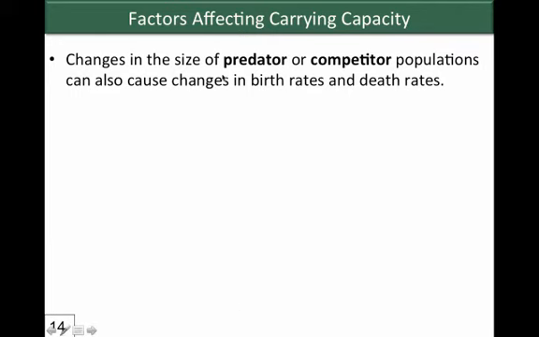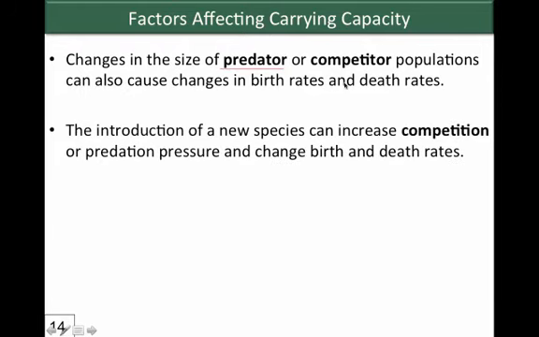Having more predators in an area is going to change the carrying capacity. Introducing a new species into this population, either naturally or sometimes we humans have done this, introducing invasive species, will cause a new kind of competition in these environments, where the new species usually doesn't have the same kind of predator that'll keep it in check.